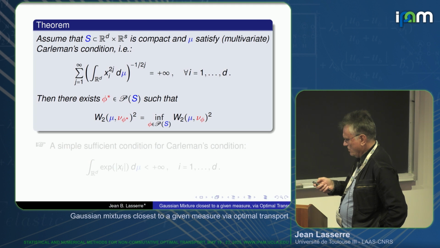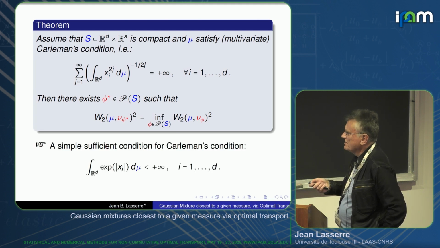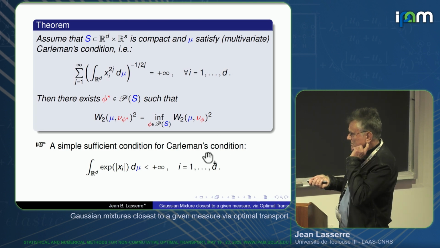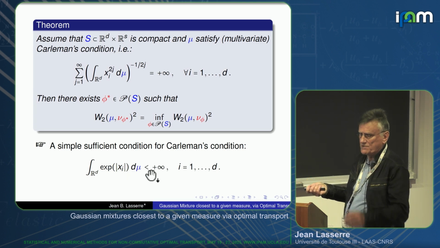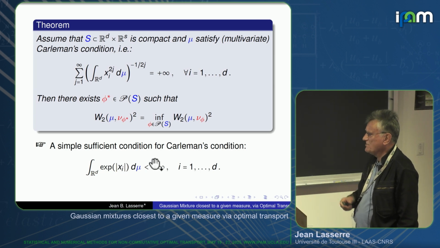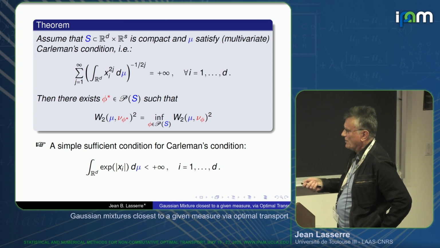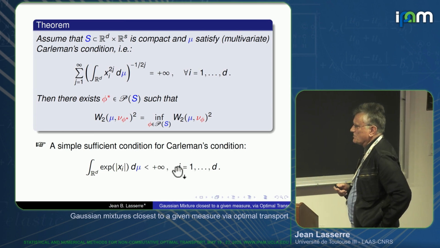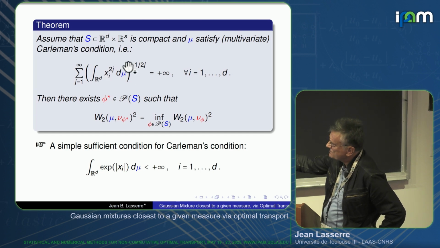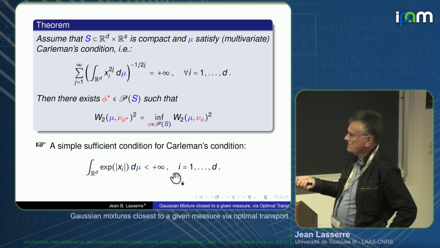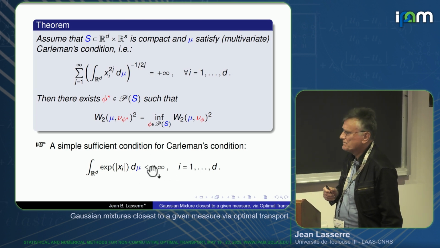And just to have more insight on this Carleman condition, a very simple sufficient condition, which is classical in probability, is that when you integrate the exponential of the absolute value of xi, it is bounded. So the exponential of xi is integrable with respect to mu for each index i. You don't have to check if this infinite series diverges, you just have to have a measure mu such that this is true.